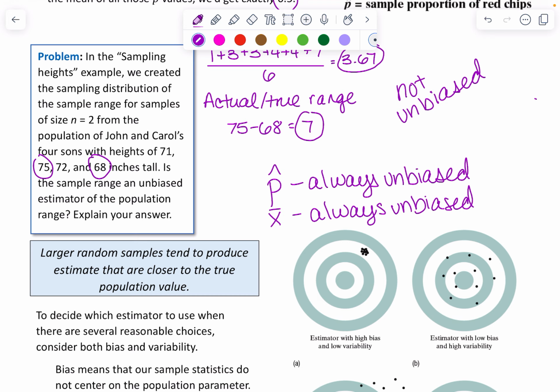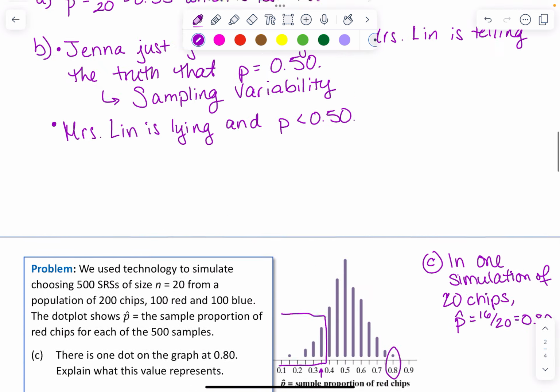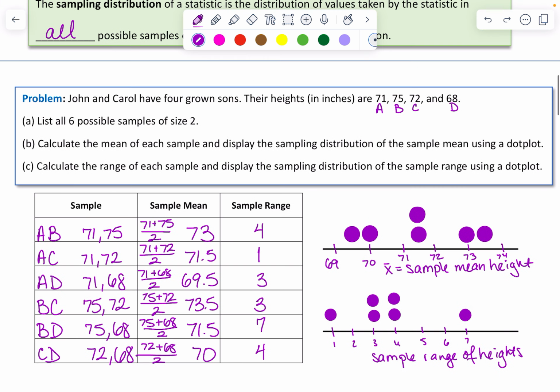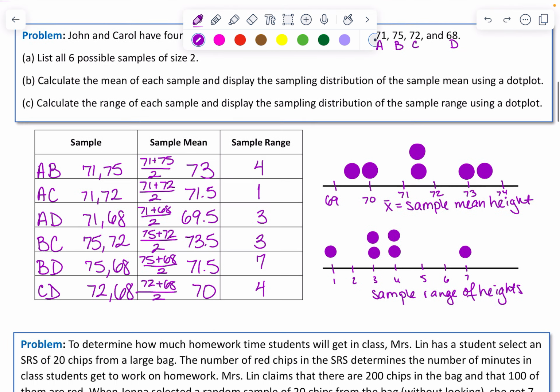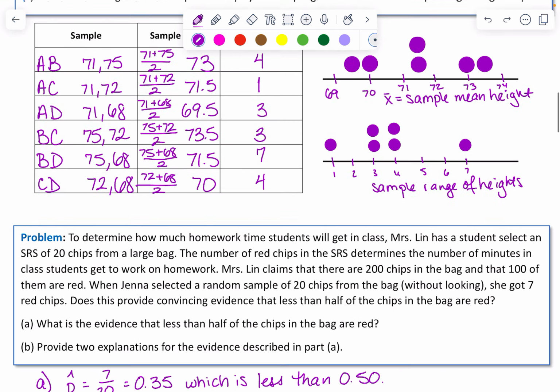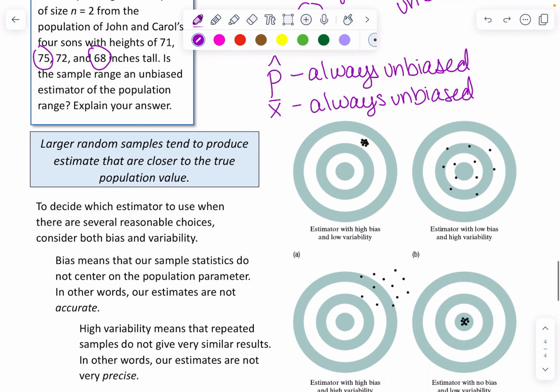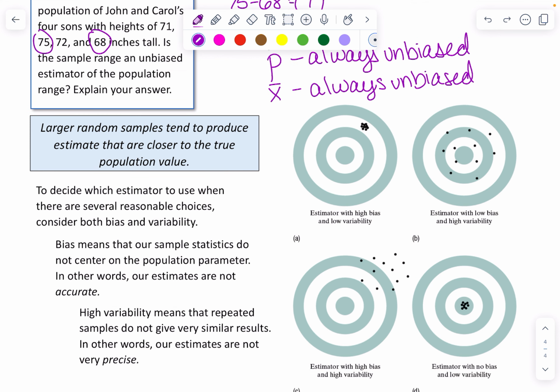For example, if I chose to do the averages of all of these, it would be the same as the average of the original 4 heights. You're welcome to check it out, but sample means x bar are always unbiased. P hat is always unbiased. What's so important about that? We want our samples to be a good representation of our populations.